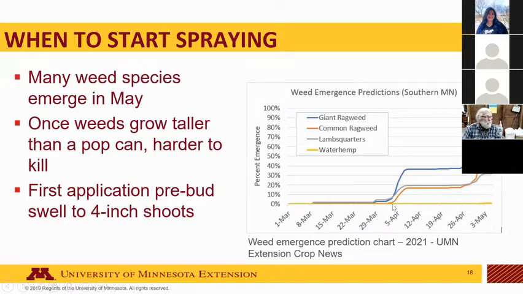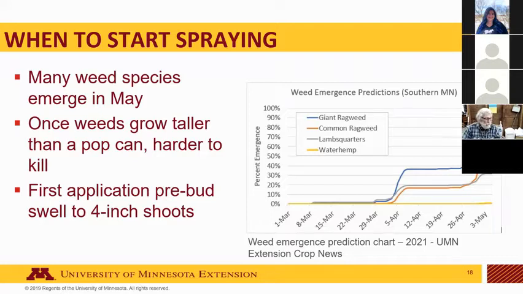It's saying that about April 5th, and this is for last year, just an example, they were expecting a lot of that giant ragweed to start emerging, and then it would kind of plateau and have another flush in the beginning of May. And you can see a couple of other weeds are starting to emerge a little bit later, but we have a lot of really pesky annual weeds emerging throughout late April and throughout the month of May.